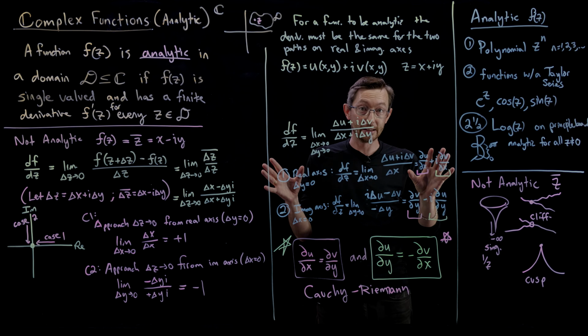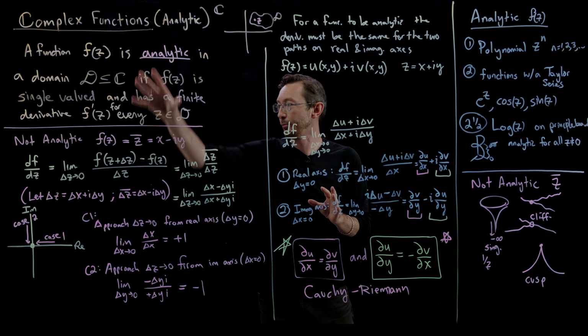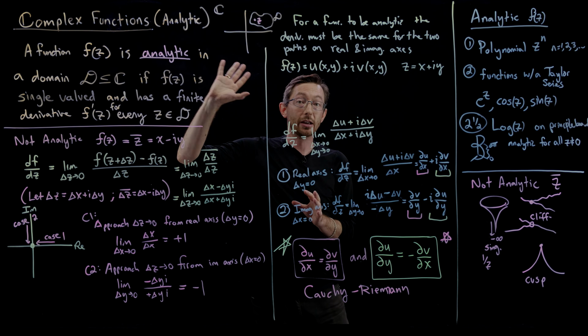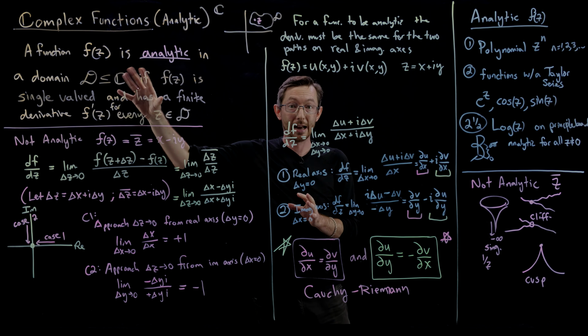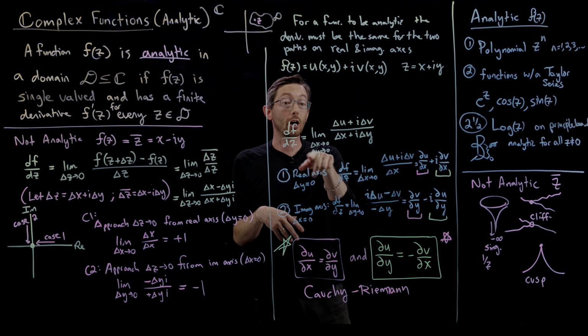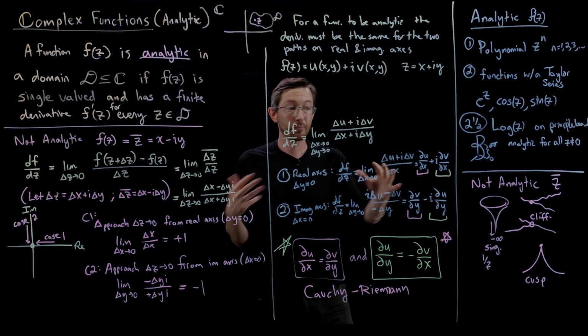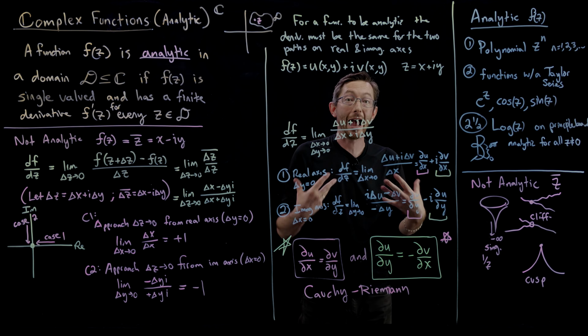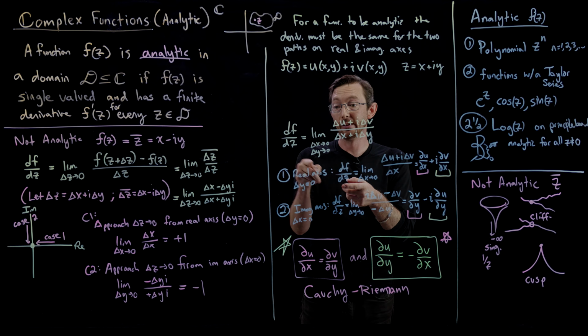So that's kind of it. We're talking about complex functions that we can do calculus on. They're called analytic, and they have these properties. Basically, f prime of z exists and is well defined regardless of what direction I take that derivative in. These Cauchy-Riemann conditions have to be true for my derivative to be independent of the path I take as dz goes to 0.